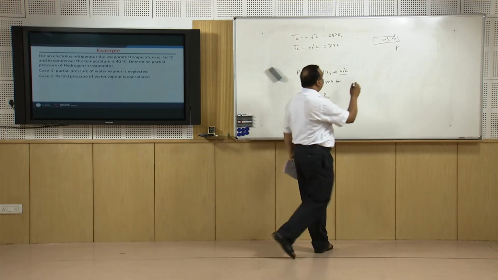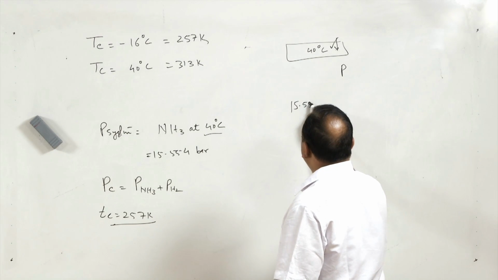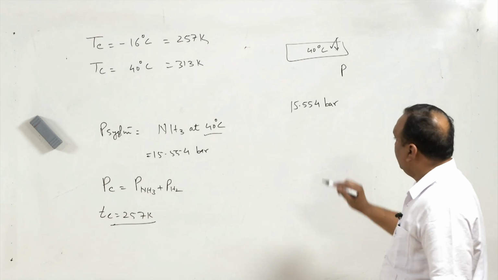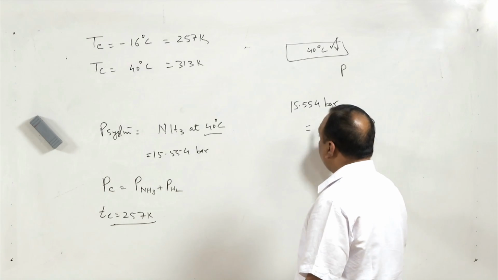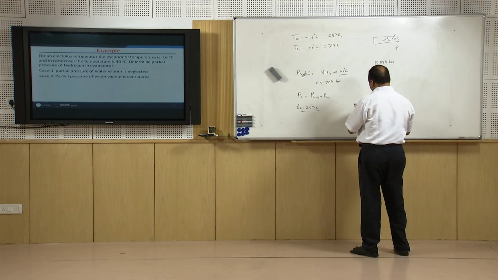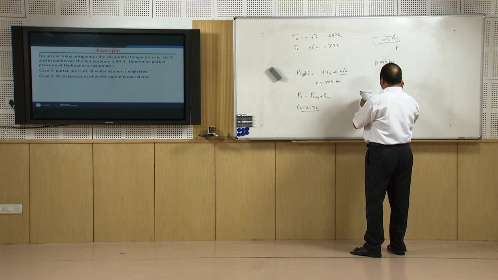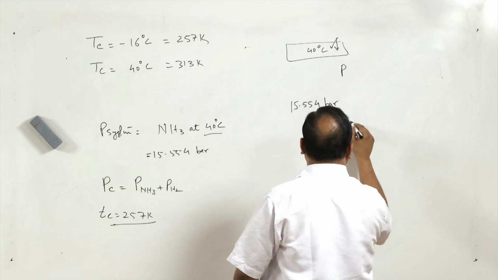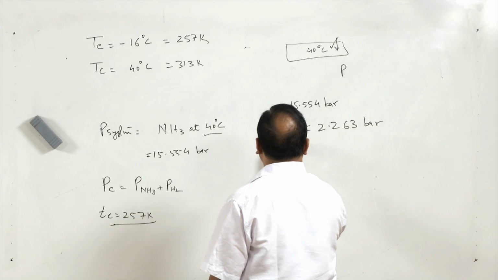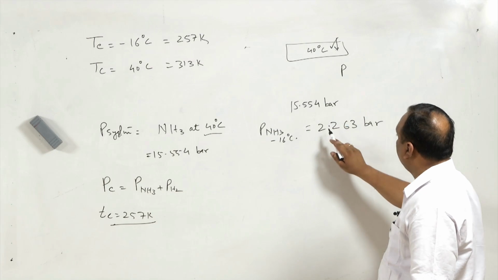Now the total pressure of the system is 15.554 bar, and that is equal to the pressure of ammonia at minus 16 degrees centigrade, which is 2.263 bar, plus the pressure of hydrogen.